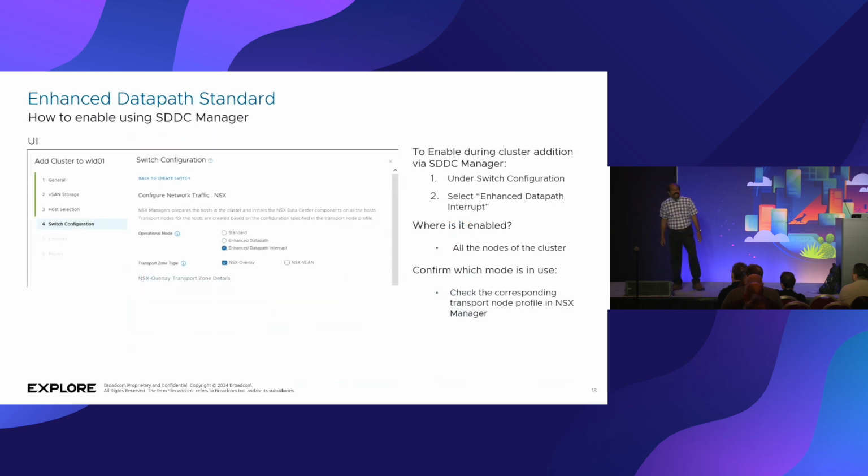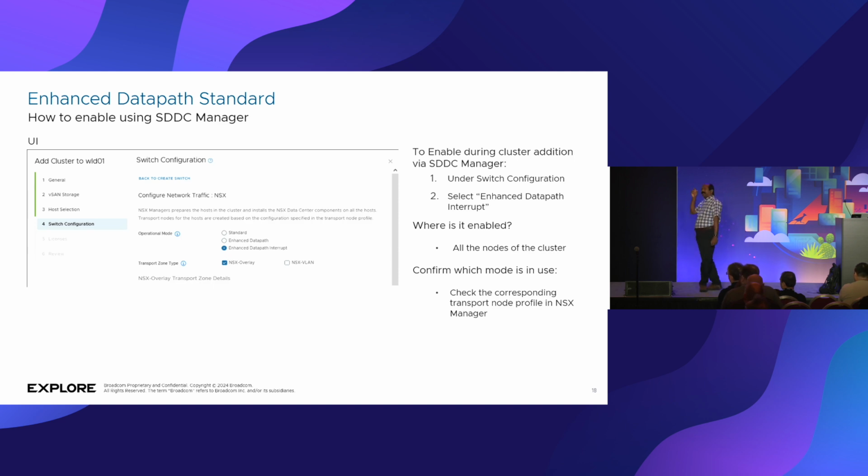How do we enable it? For VCF customers, by the way, how many of you are VCF customers? Okay, using SDDC Manager? Yeah, okay. If you're using the SDDC Manager and you're deploying a cluster, you would see this new option. This has been around maybe for the last 1 or 2 releases now, 5.1, and of course 5.2 definitely.